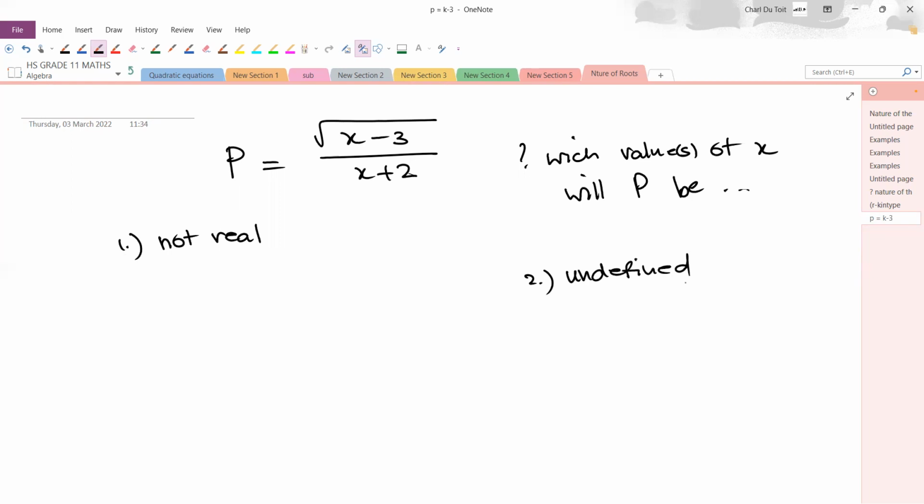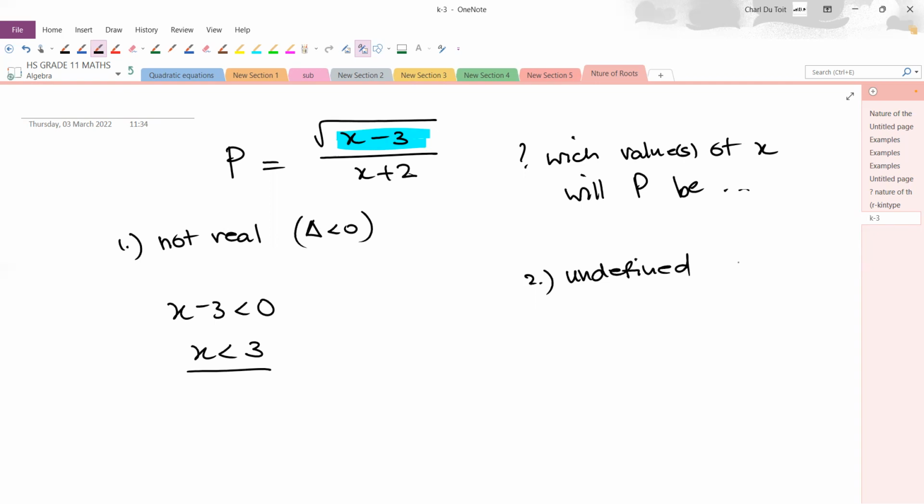Not real means where delta is smaller than 0. But delta is now that little section underneath the root, because b squared minus 4ac is underneath that root. So I can just say this is where x minus 3 is smaller than 0, so x is smaller than 3.